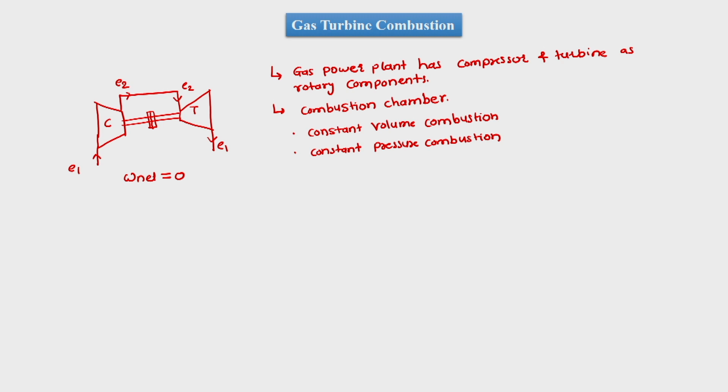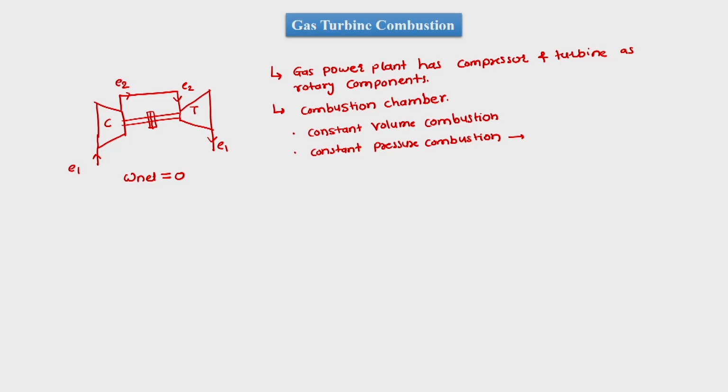We know that all the components of a gas turbine power plant are open systems, so it is a flow process. Constant pressure combustion is a good thing to execute in a flow process. Further, constant pressure combustion is helpful for higher mass flow rates.